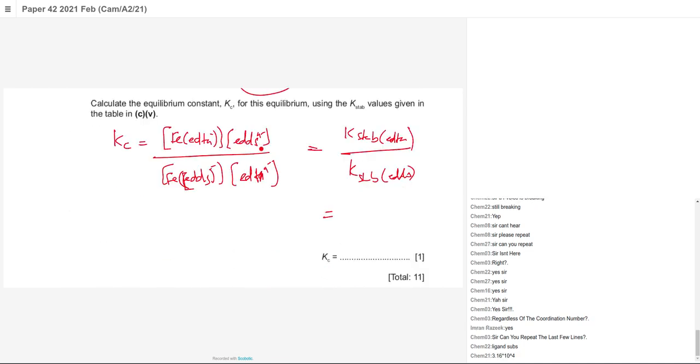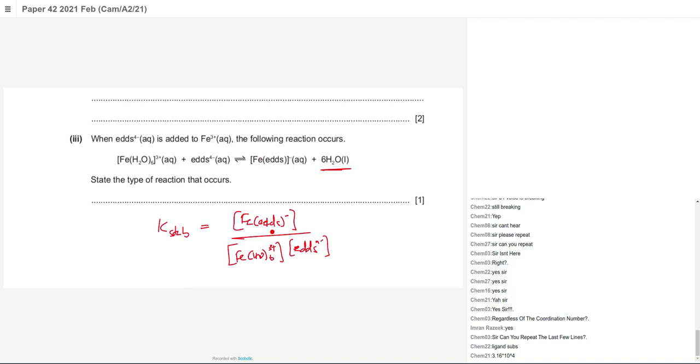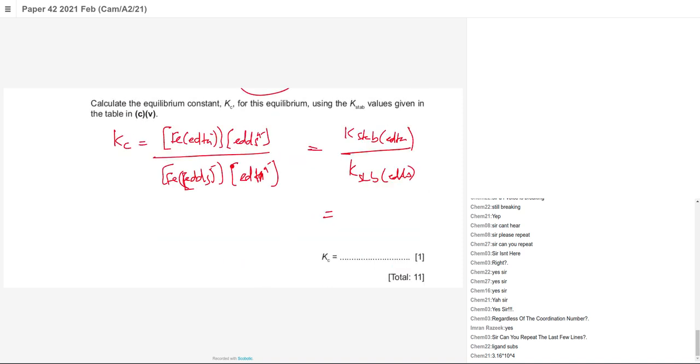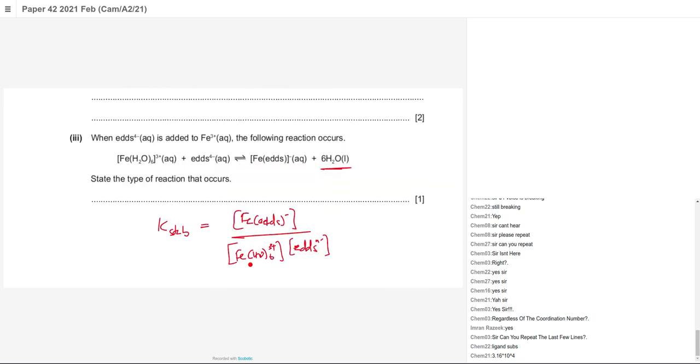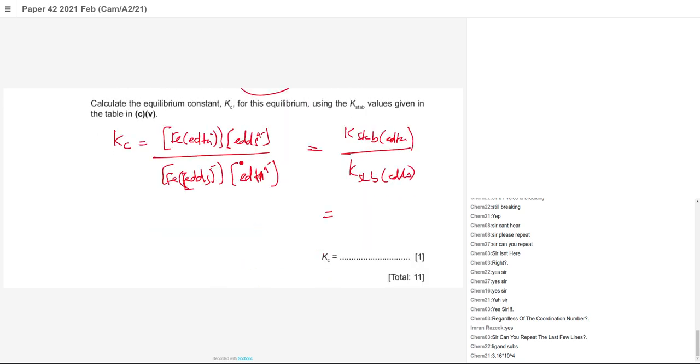Or else we can write the Kstab equations separately. We wrote the Kstab for EDDS, right? And likewise, you write the Kstab for EDTA. You can see this is the Kstab for EDDS, already written, so this has to be the Kstab for EDTA.